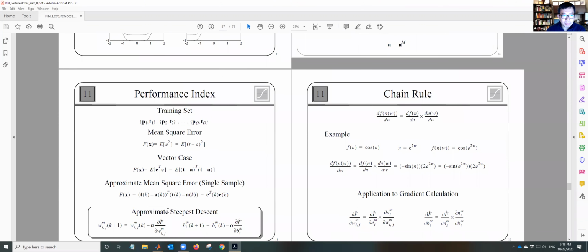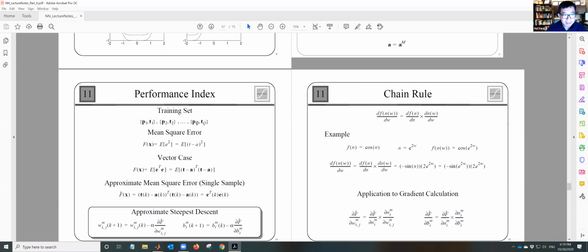We're going to look at the performance index. What is a performance index? Performance index is forward propagation. You have P1, T1, P2, T2, PQ, TQ. So what are they? Muhammad, what are they? P1, T1, P2, T2.